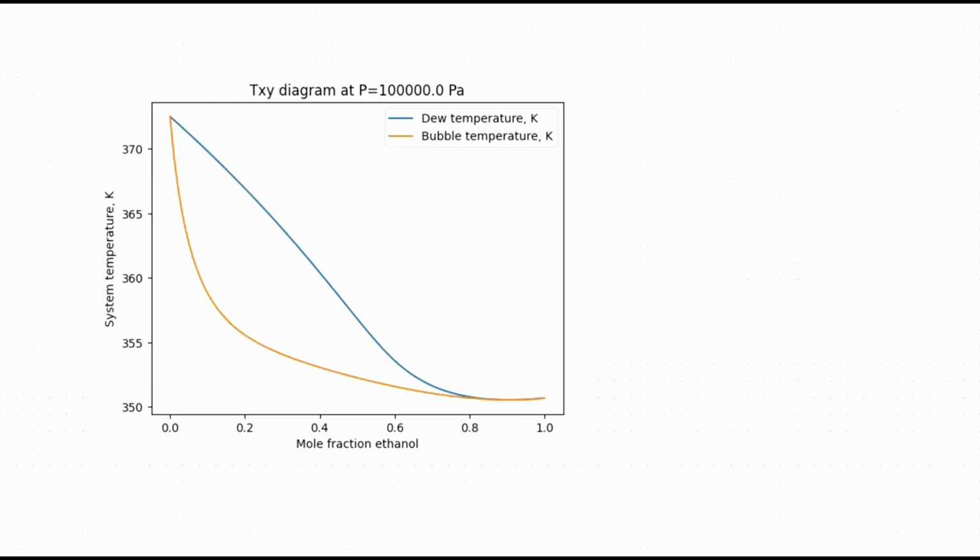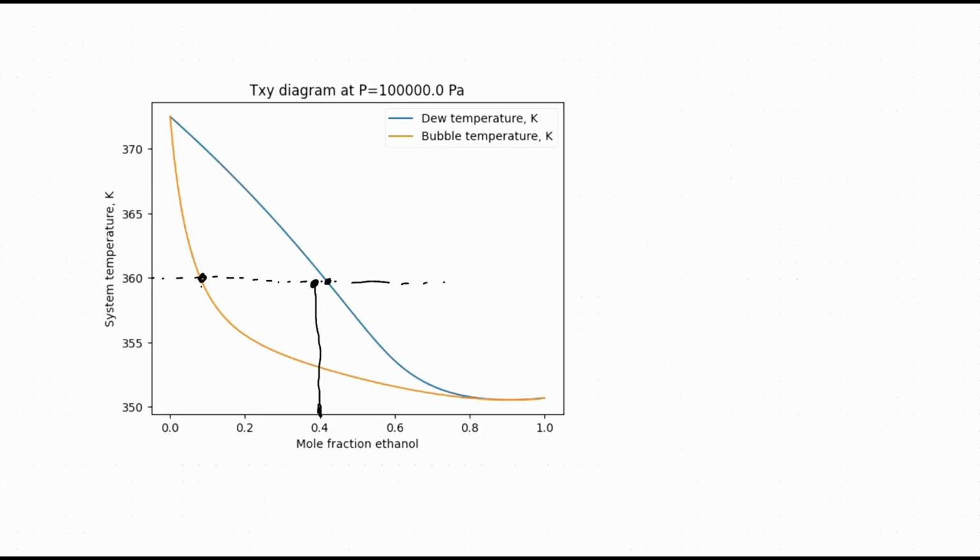For any given mole fraction, let's say we're at 0.4 and we're at 360 Kelvin, and draw this line. It intersects the bubble curve and the dew curve at these two points respectively.